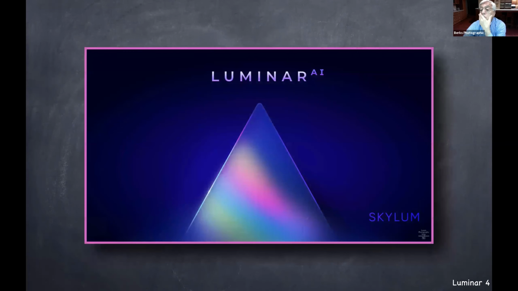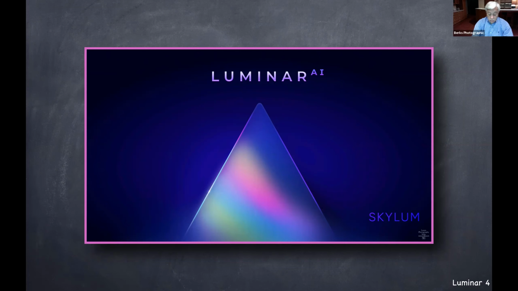Just about the time that Vince and I decided on a date to do this presentation, a couple of days later, Luminar sent me something and said they're going to have a new version of Luminar, and they're calling it Luminar AI. Why? Because they're doing a lot more artificial intelligence.